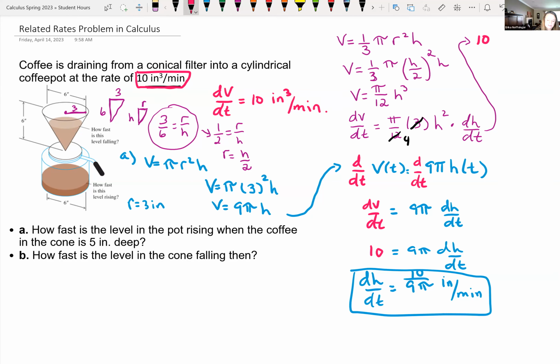It's falling, so it's negative. Equals, so I have pi all over 4. h is 5, so 5 squared times dh/dt.